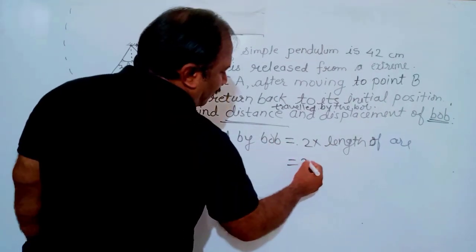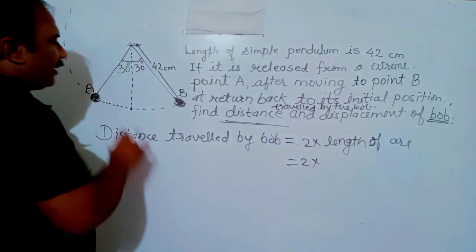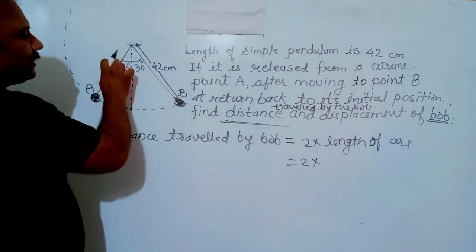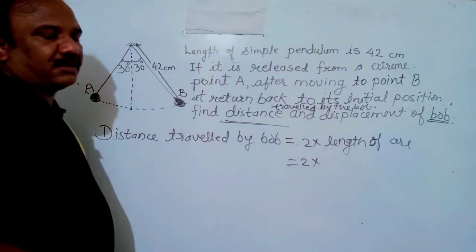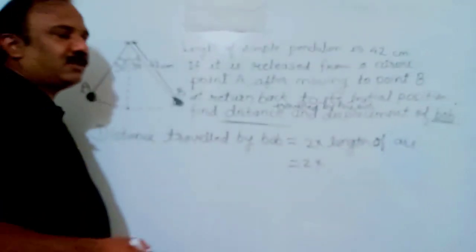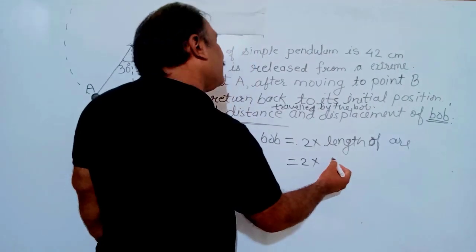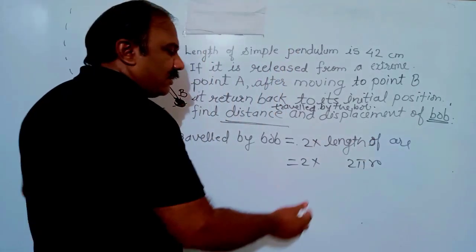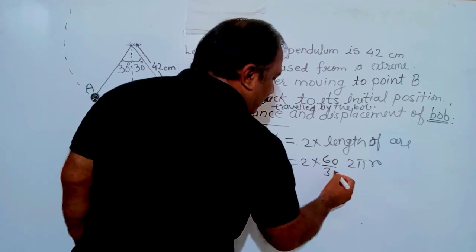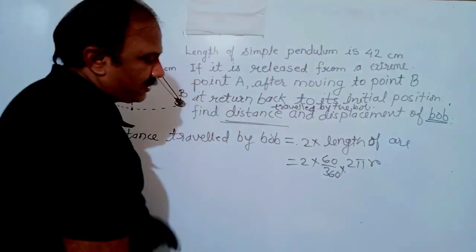Now what is length of arc? 2 into, as it is 360 and this is 60, so it is the 1/6 of the total circumference of the circle, or you can write as 2 pi r is the length of the arc and 60 upon 360. Okay.